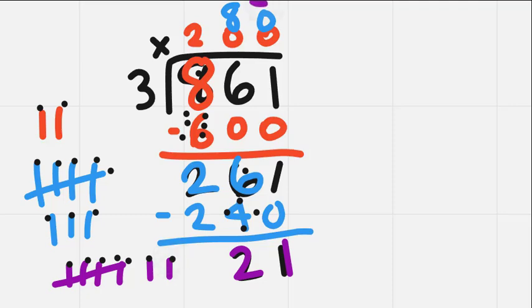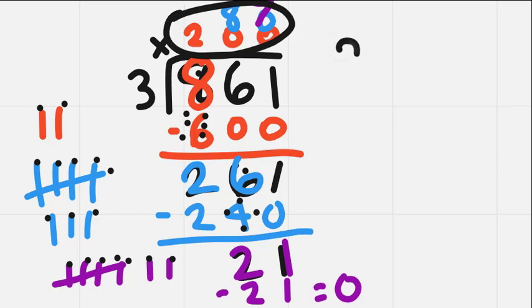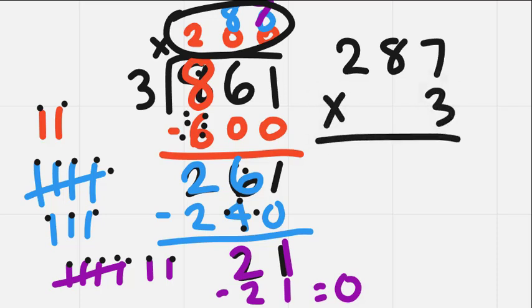This is the number that we put up top. And then we multiply. 7 times 3 is 21. We're going to subtract that, and that equals 0. What that means is that this number up here, 287, is our answer. We're going to check our work by multiplying, because the opposite of division is multiplication.